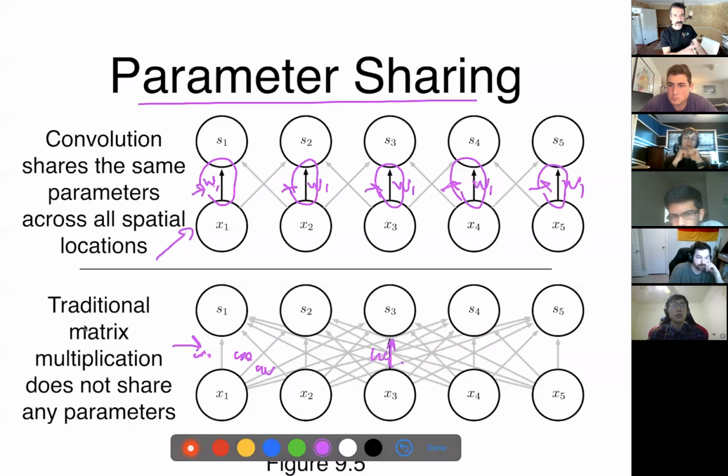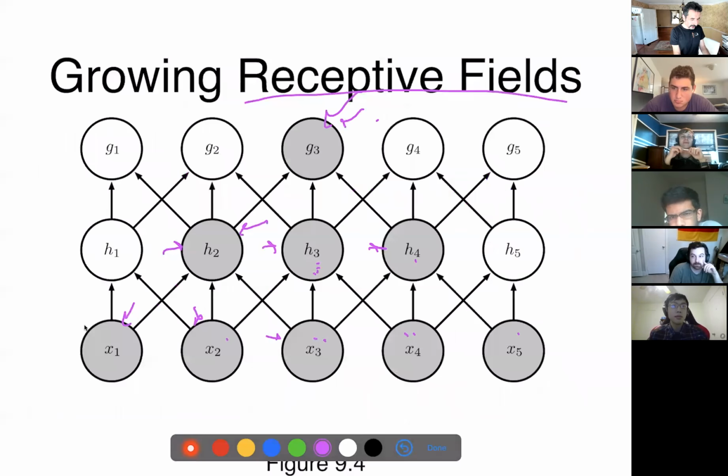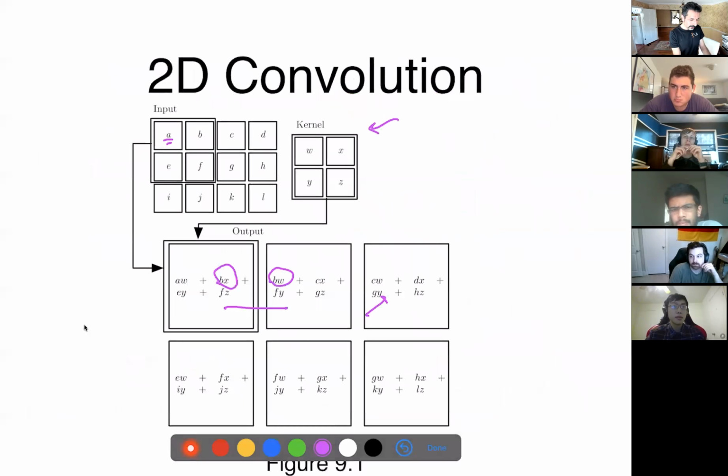Do you know how we got this property? Because it uses the same kernel. Exactly. You remember we had the same kernel and we just slide it over the input.